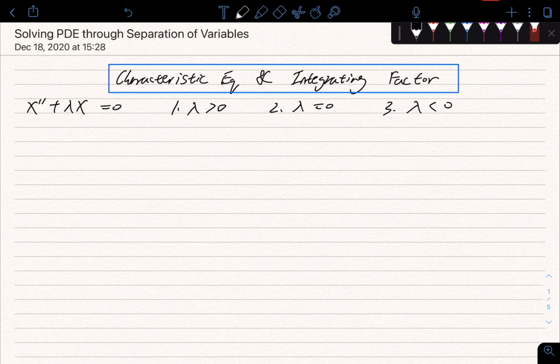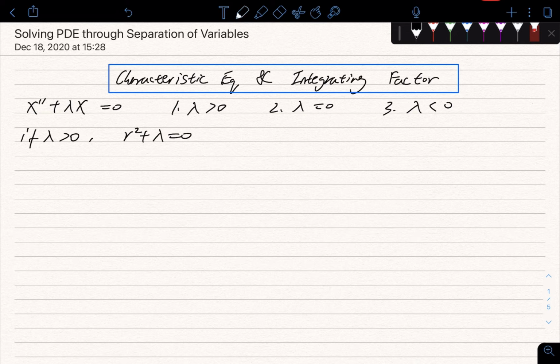The first case is if lambda is greater than 0, then our characteristic equation becomes r squared plus lambda equals 0. Why r squared plus lambda equals 0, you ask? That is because this x has a second derivative, so second derivative, second order; no derivative, no order.